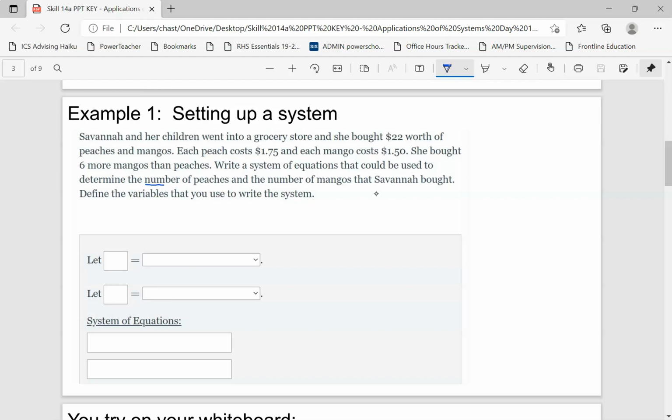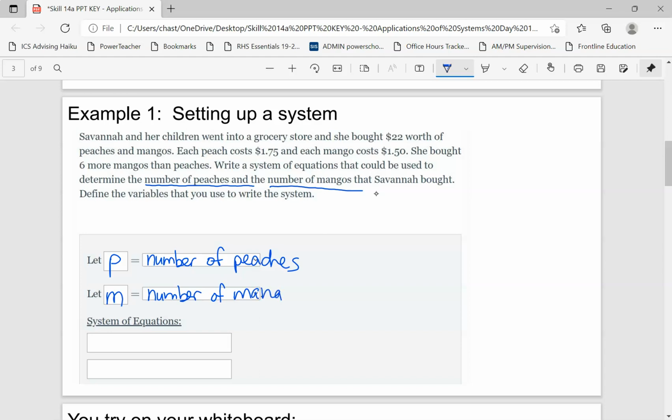So we want to know the number of peaches and the number of mangoes that were bought. So let's use P and M to represent those. And remember, they represent the number of peaches and the number of mangoes. Okay, now that we have that, we need to come up with our equations.